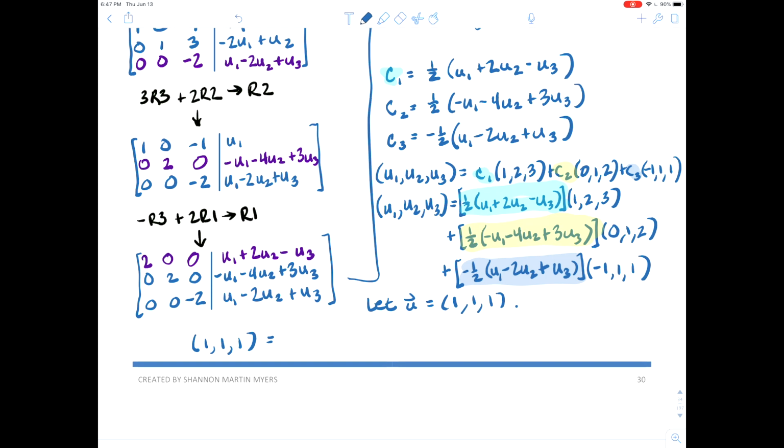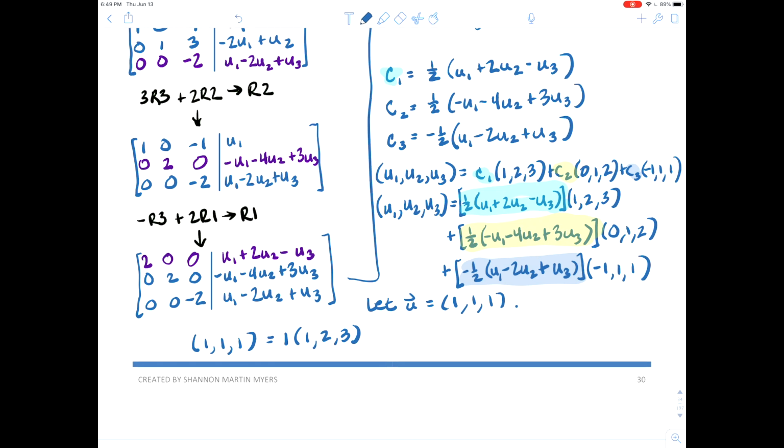So plugging in 1, 1, 1 for our expression for C1, we get 1/2 times quantity 1 plus 2 minus 1. So we'd have 1/2 times 2. So we would just get 1 times the vector 1, 2, 3.